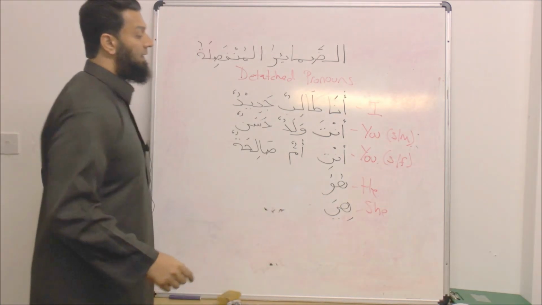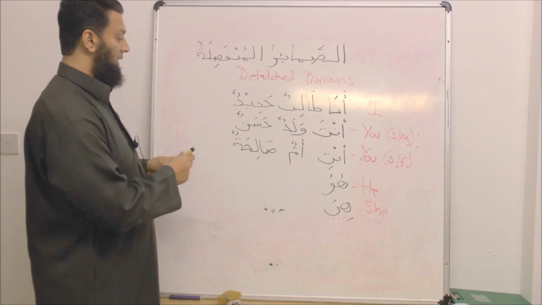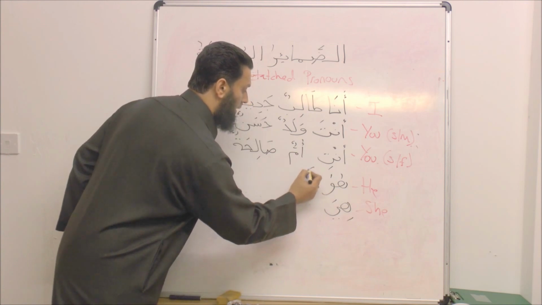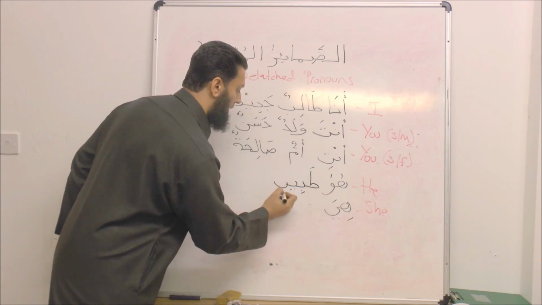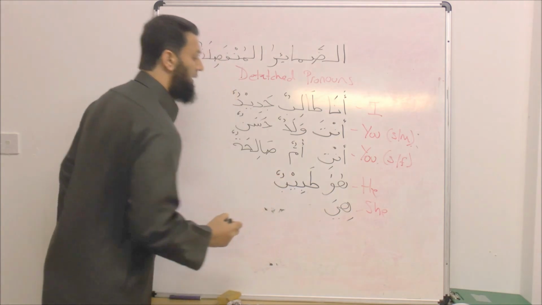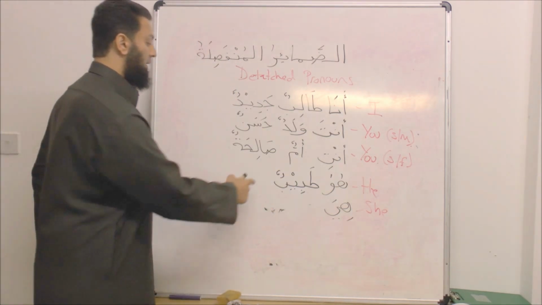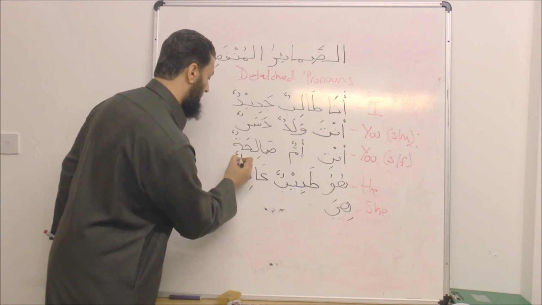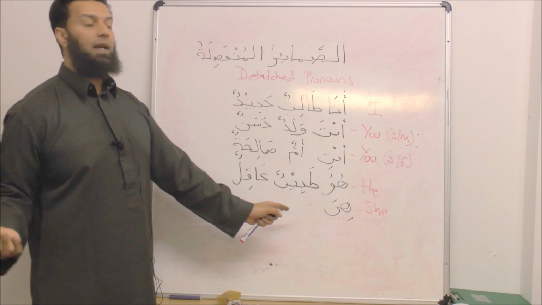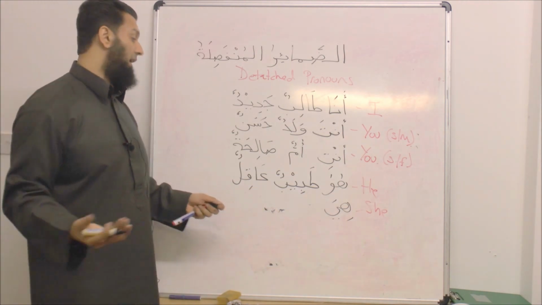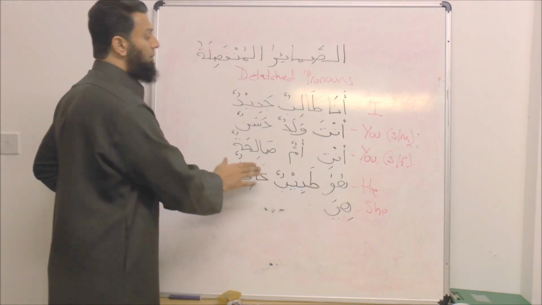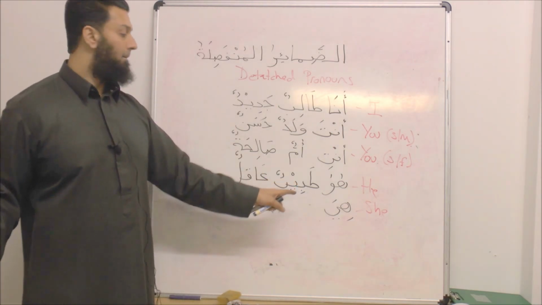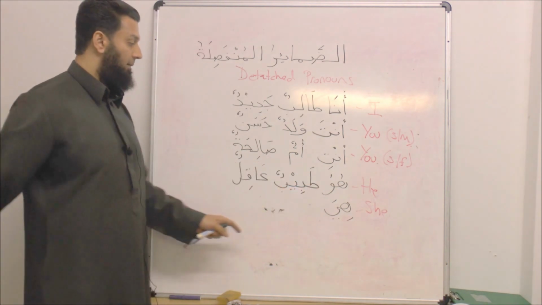So if you construct a sentence with huwa, for example, you can say huwa tabibun aqilun. Tabibun means a doctor. Aqilun means intelligent. So we're saying huwa tabibun aqilun. He is an intelligent doctor. So huwa therefore refers to he.